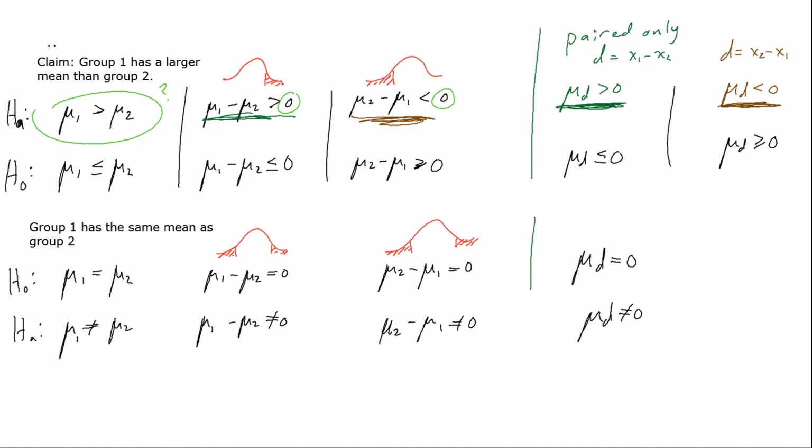Let's write down a different type of claim. Non-smokers live 7 years longer than smokers on average. This is a claim. So how would we write this?